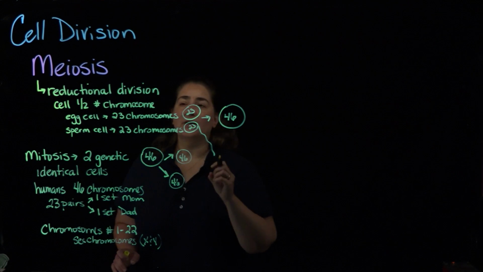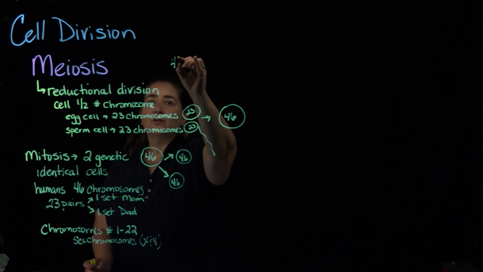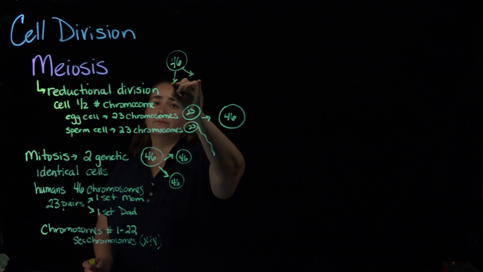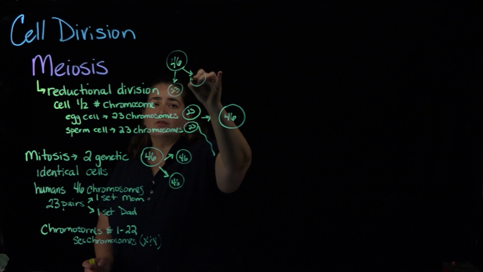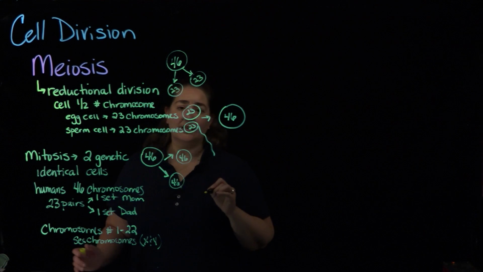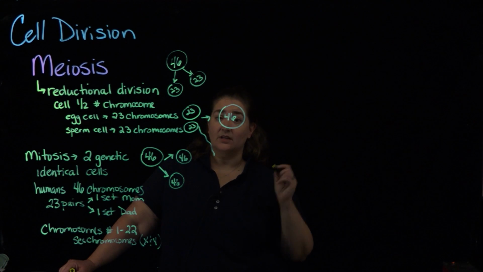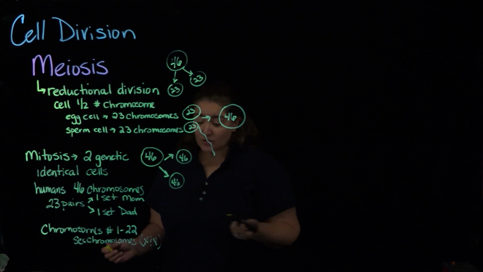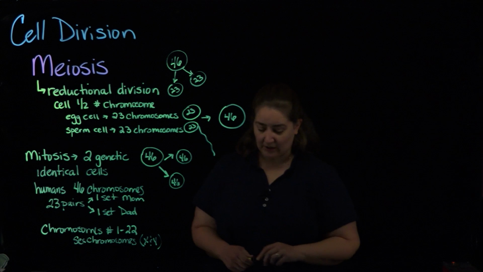What we've got with meiosis, we're going to start with a cell that has 46, and then through a series of divisions, we are going to generate cells that have 23, okay? So that's what I mean by there's a reductional division in there. We're going to reduce the number of chromosomes, okay?